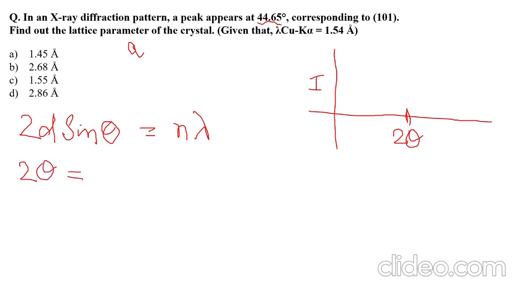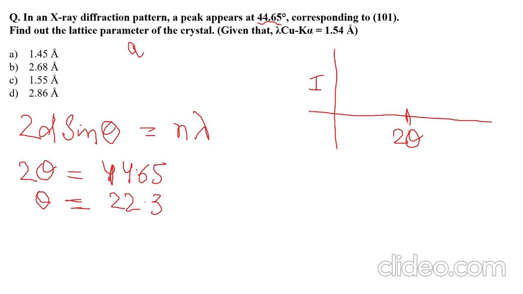So 2 theta is given by 44.65, so you can calculate theta. I think it will be around 22 point something like this.